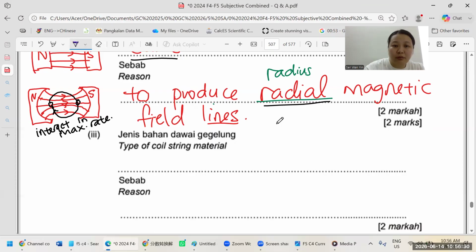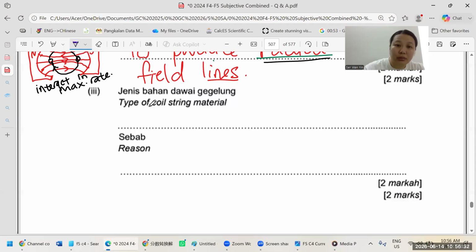Okay, now the type of coil string material. Coil string. I think it's a translation. This is a Kelantan paper. Dawai gegelong. It should say type of coil wire. Wire should be wire, not string. But it's okay. So next time if you feel the English is weird a bit, you had better read back the Bahasa.